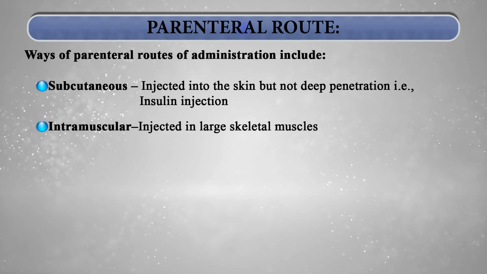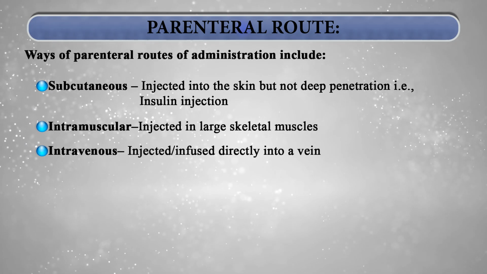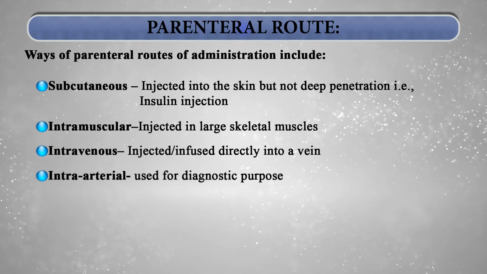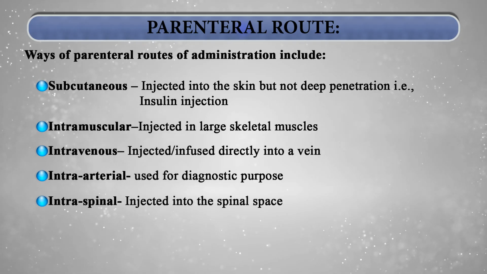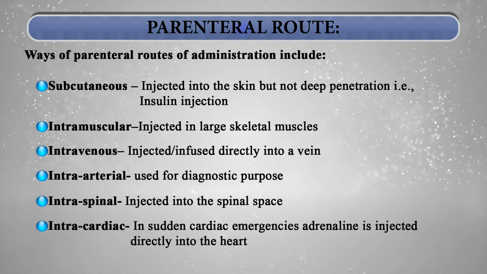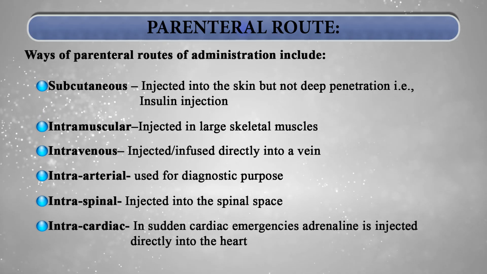Intramuscular is inside the skeletal muscle. Intravenous means that it is injected into the veins. Intraarterial also is sometimes used for diagnostic purposes. Intraspinal means injected into the spinal space, and intracardiac means in certain emergencies it is injected directly into the heart cavity. So these are all the various types of parenteral administration of drugs.